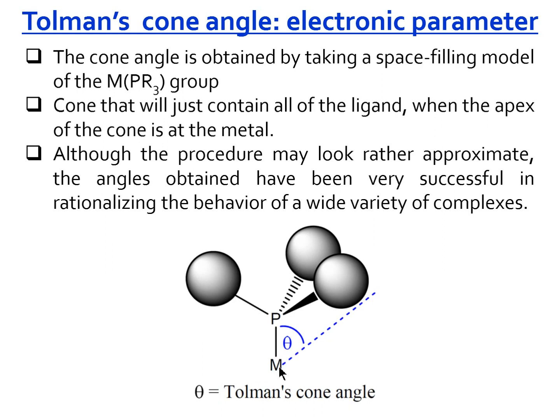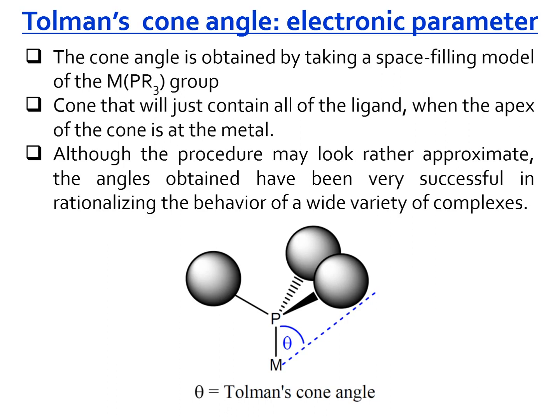Or in another way, we can take this ligand and the angle theta will be from this side. Although the procedure may look rather approximate, the angles obtained have been very successful in explaining the behavior of a wide variety of complexes.